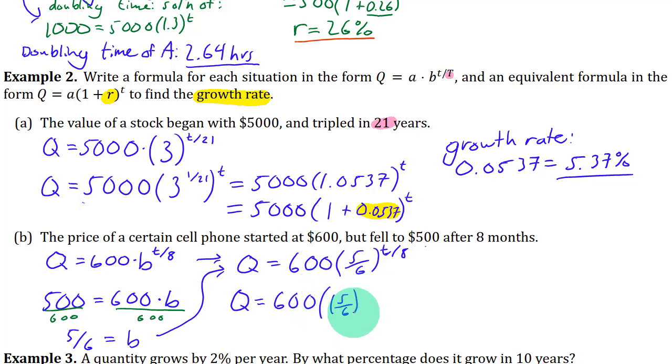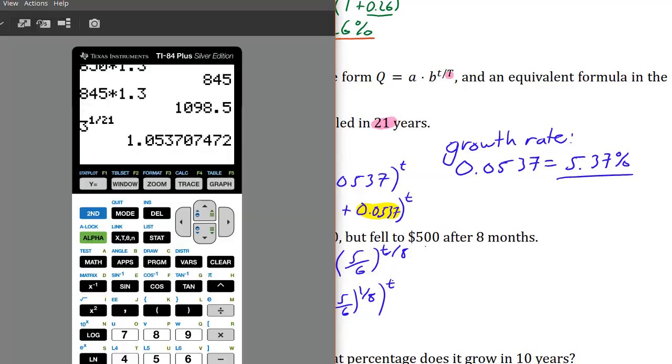So we get 5/6 to the power 1/8, and then that is raised to the power t. So here we can do 5 divided by 6. Oh, we need this in parentheses to get the order of operations right. Make sure that all of the 5/6 is the base of the exponent.